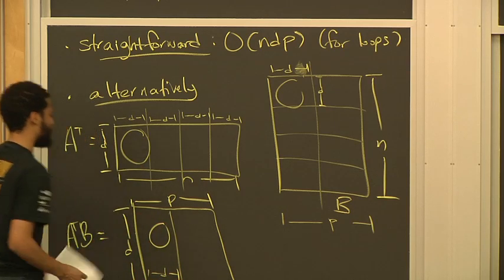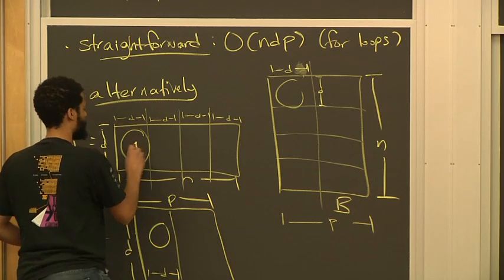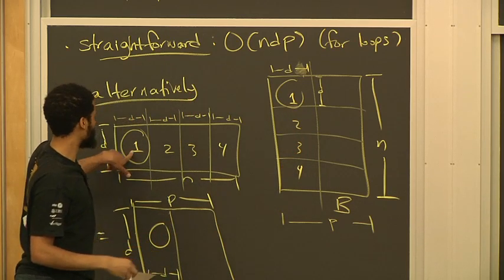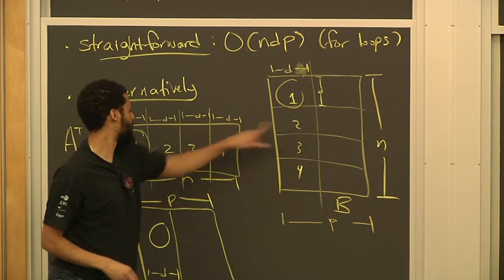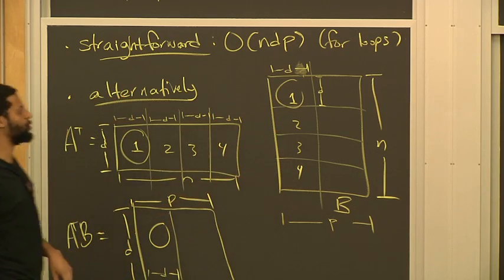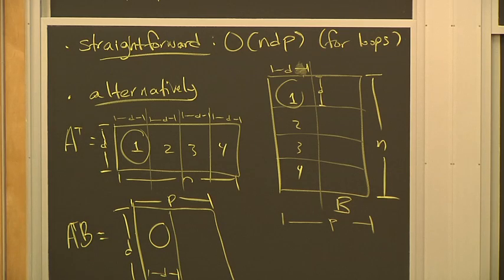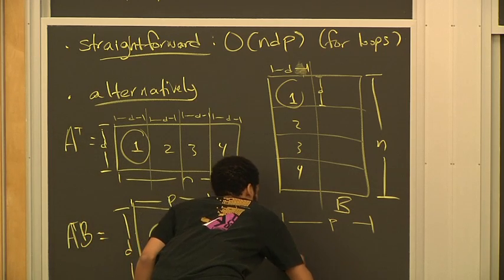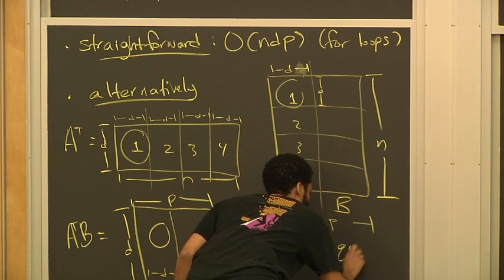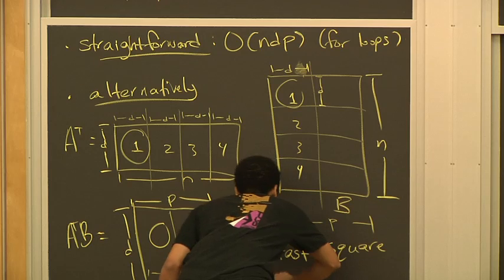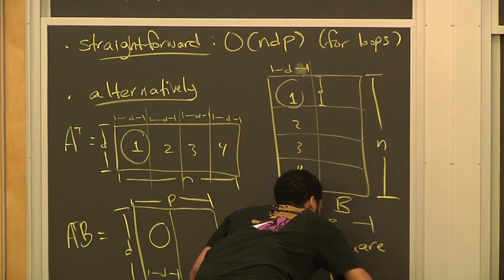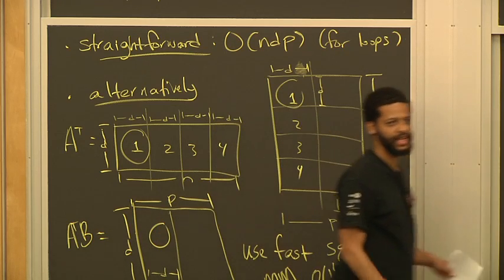And then this here is basically this times that plus this times that plus this times that plus this times that, right? So you reduce it to a bunch of square matrix multiplications, and you can use fast square matrix multiplication, which each one takes something like d to the omega time. Omega is the exponent of fast matrix multiplication.